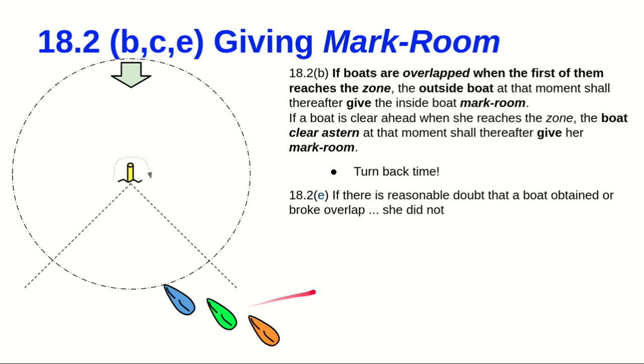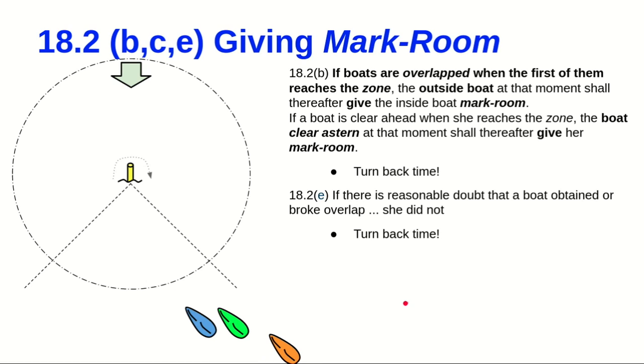And to look at the dynamics, we have to turn back time a little bit more. So the situation we're trying to look at is from here to there. Did orange obtain an overlap? Did blue break the overlap with green?